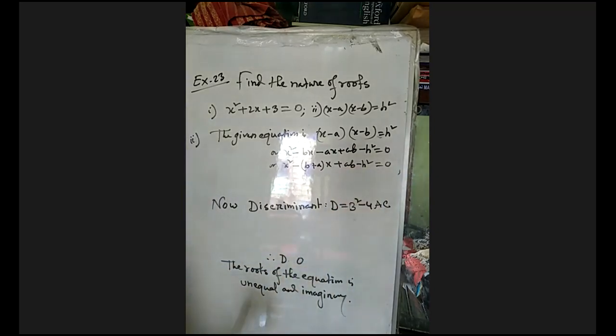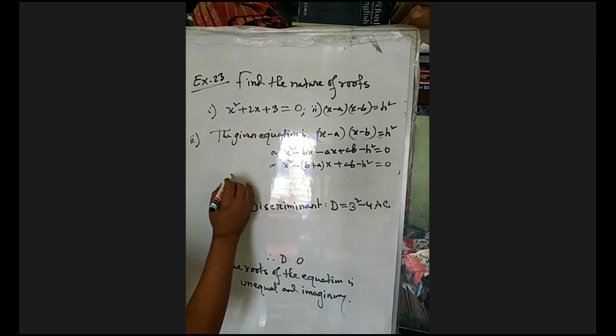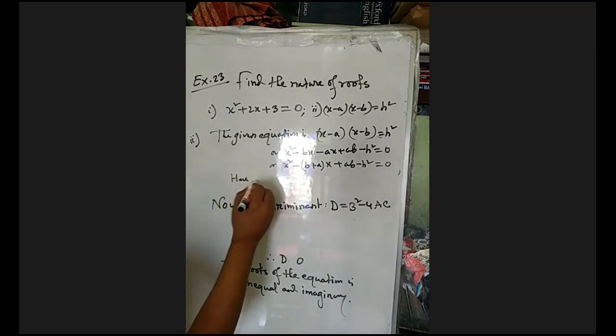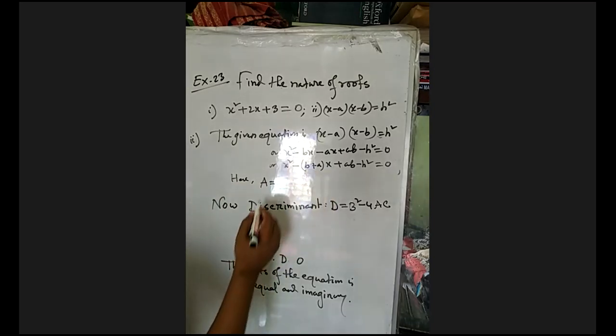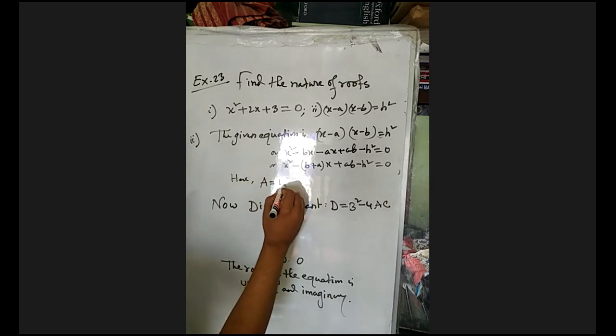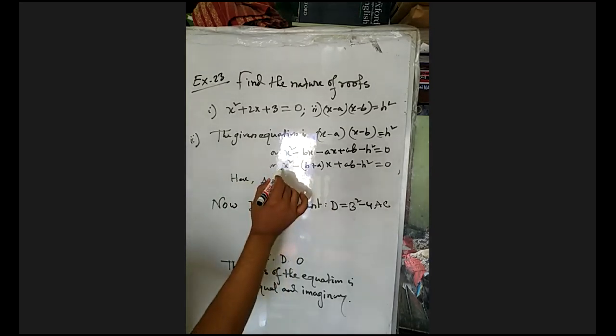Now comparing with the standard form of quadratic equation, what will be? Comparing here, capital A equals to what? Capital A we are using because small a is used in the original equation. A equals to the coefficient of x square, what? 1.